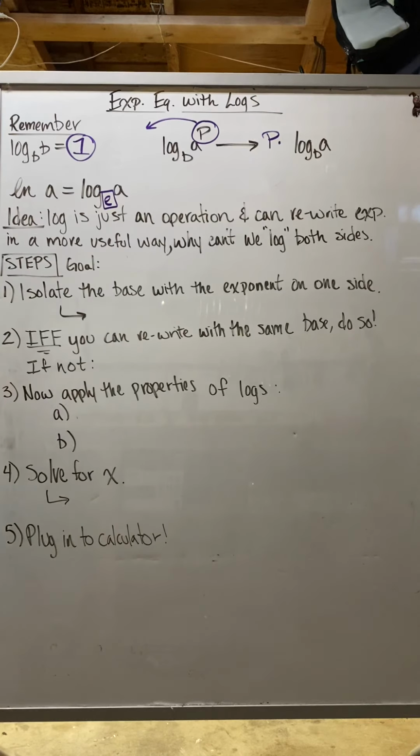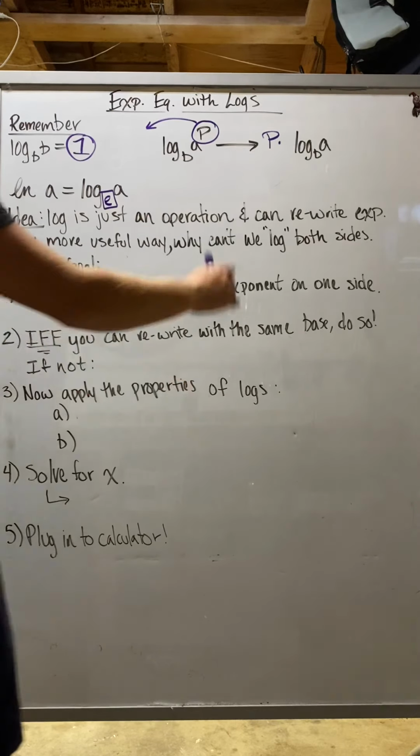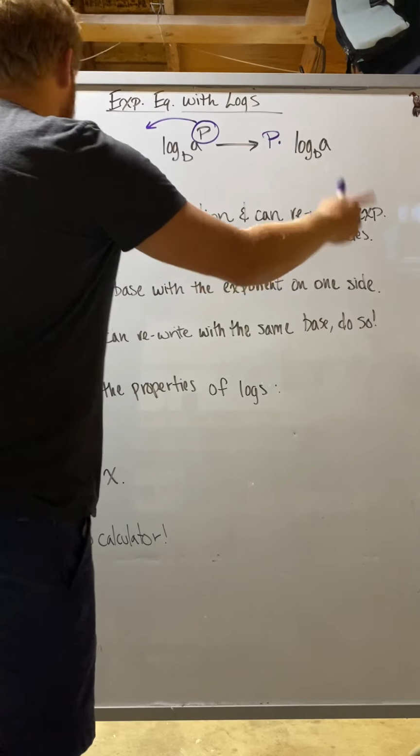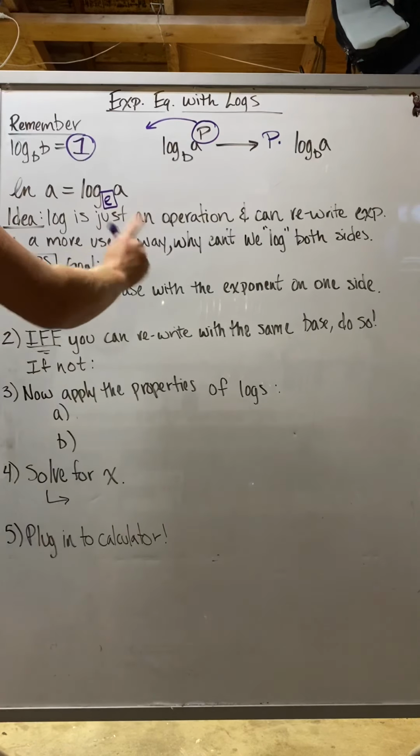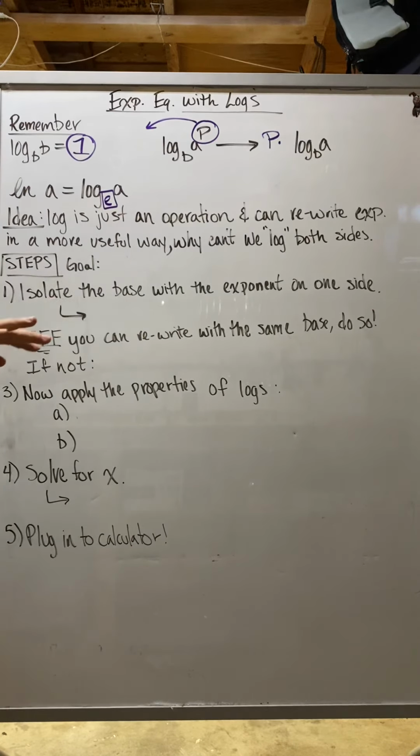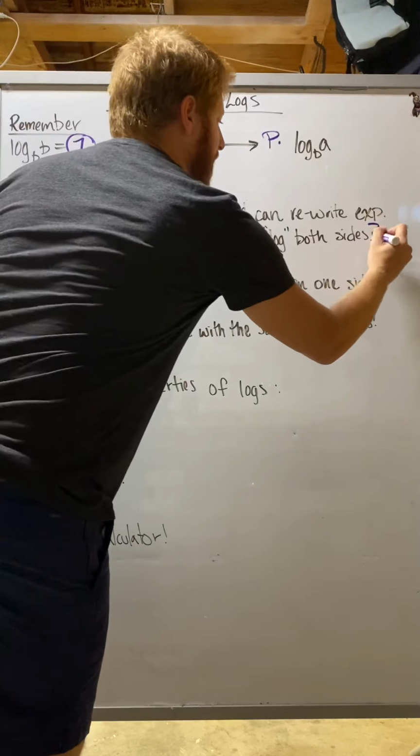Now, the main idea today is that a log is just an operation, just like anything else, addition, subtraction, multiplication, and can be used to rewrite exponents in a more useful way. That's what I've been telling you guys this entire time. And so the real question is, why can't we log both sides?